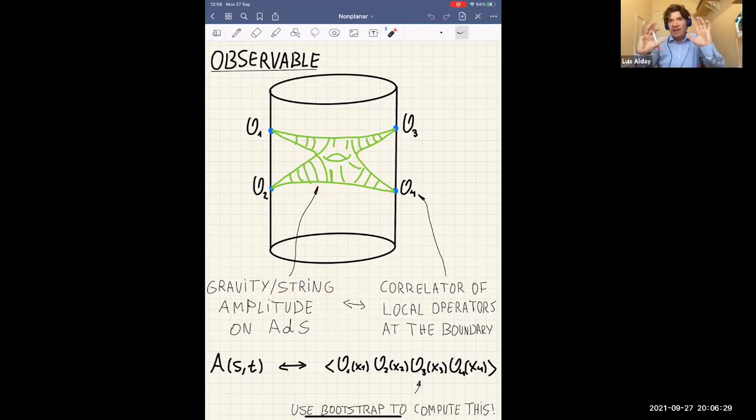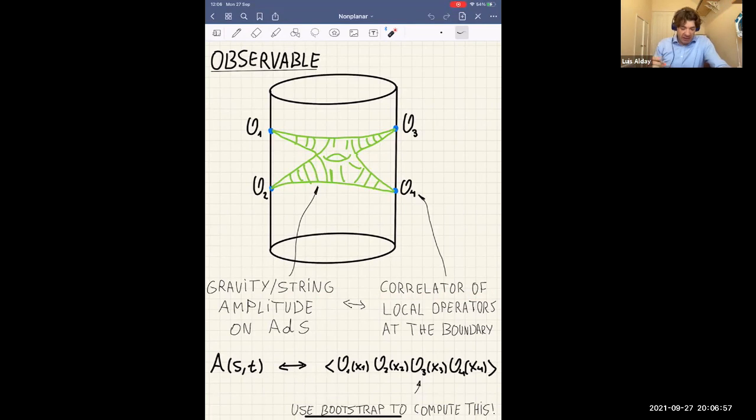Now, AdS is like a box, so you cannot really define asymptotic states because you cannot go as far as you want. However, the holographic principle and AdS/CFT tell us what the definition of a string amplitude on AdS should be, and it should be given by correlators of local operators at the boundary of this AdS space.